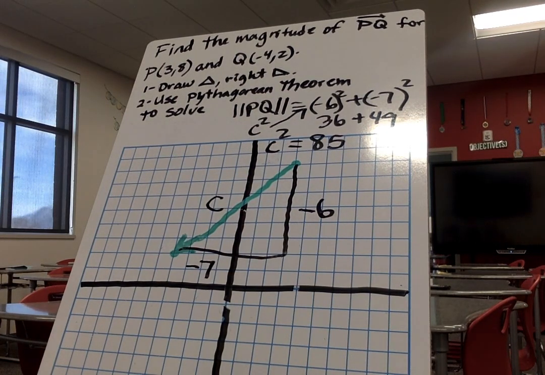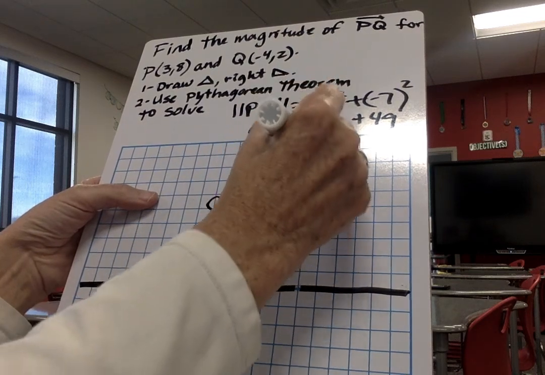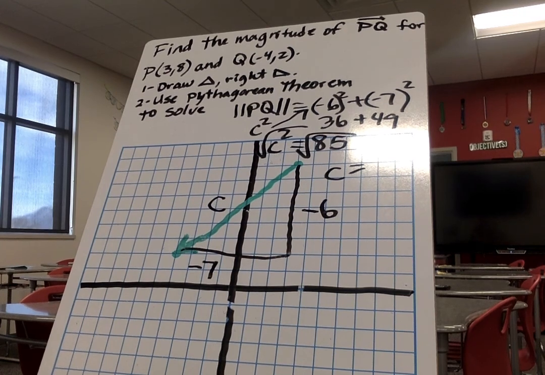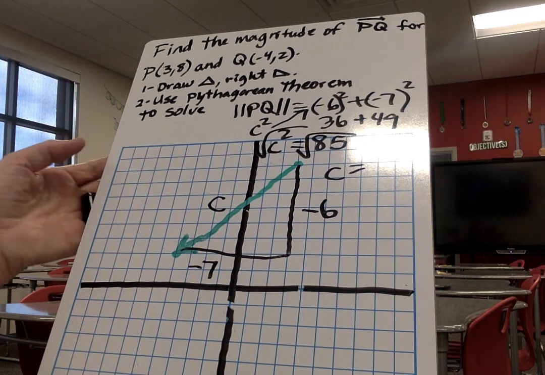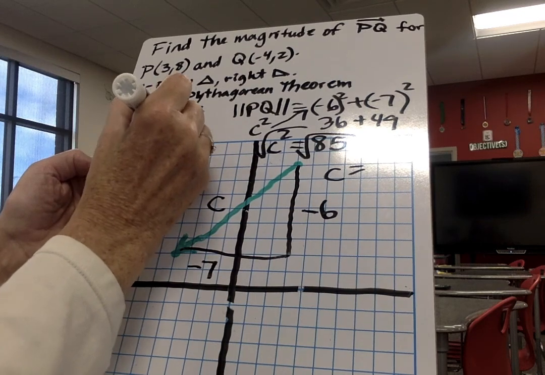Now we have to solve for c, so the next step, we take the square root. You get your handy dandy calculator, put in 85, and we have a square root button. It gives 9.16, rounded to 9.17. So c equals 9.17.